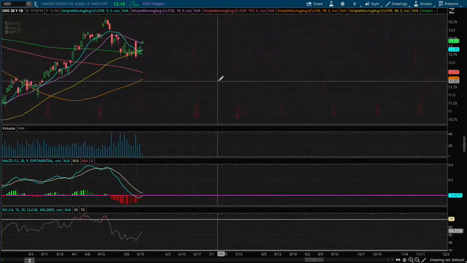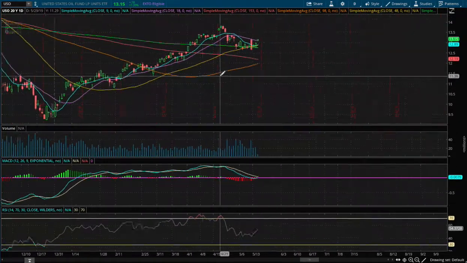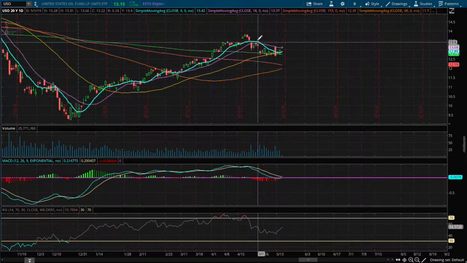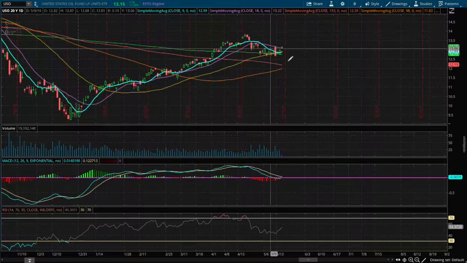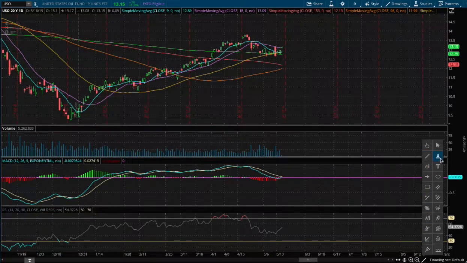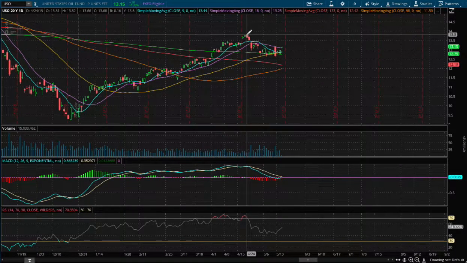So if we were to find resistance, the resistance will be this high on April 23rd at the price of 13.80, and that will be resistance.